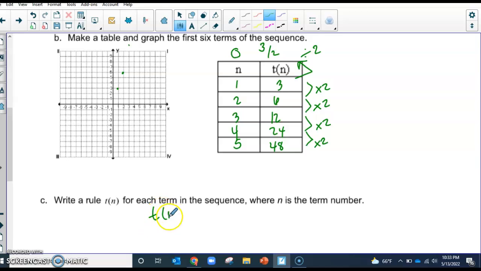So my equation for a geometric is t of n equals my 0 term times my multiplier raised to the x. This would be the same thing, or also written as y equals ab to the x.